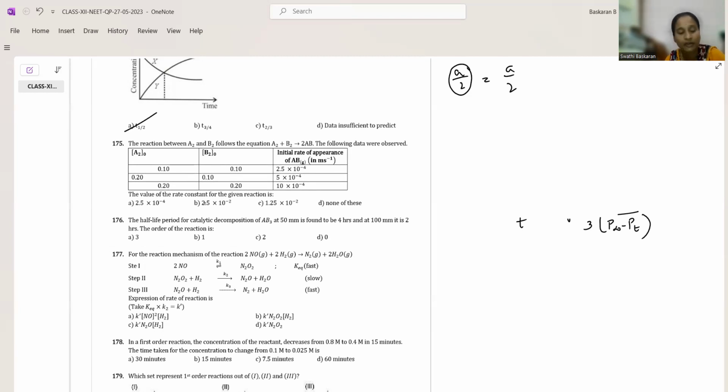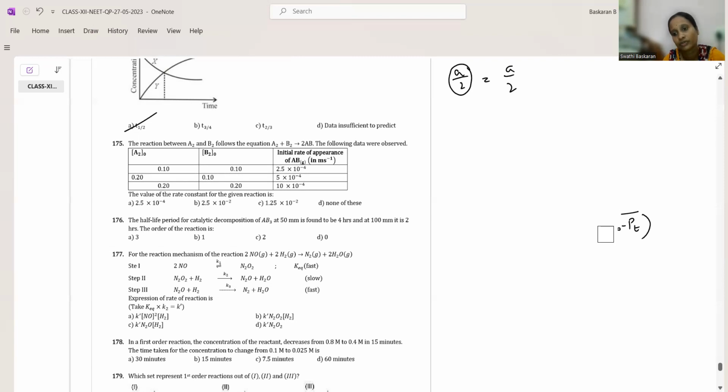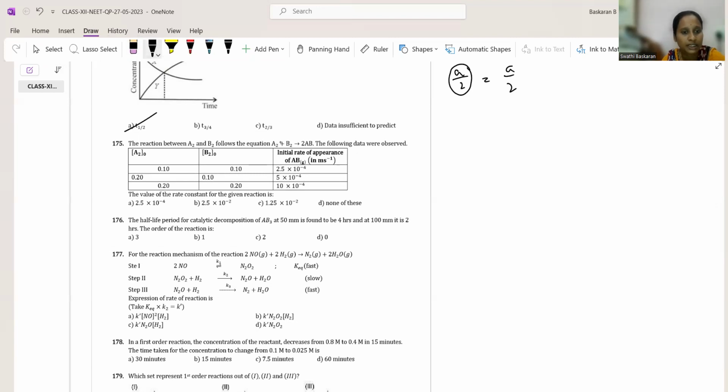So our first step becomes very important: to express the rate law with the concentration of reactant terms raised to the powers x and y. So first of all, let us do the initial rate method only. So how do we do the initial rate method? Let us now start with simplifying it. We all know this, because we have done this several times in several problems. Now let us take up this.